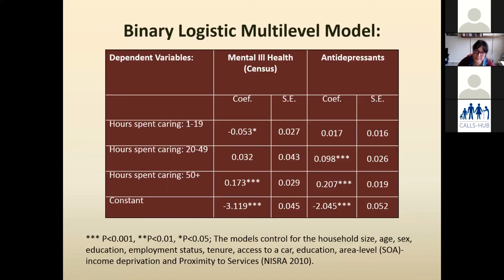These are coefficients from a logit model; if we translate them into odds ratios, those who deliver 20 to 49 hours would be 10% more likely, and those who deliver 50 hours plus are 23% more likely than non-caregivers to be prescribed antidepressants. These models control for household size, age, sex, employment status, and some measures of deprivation as well.